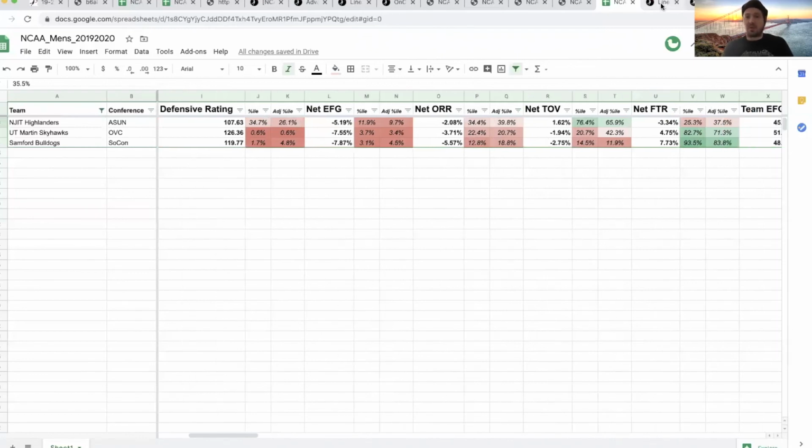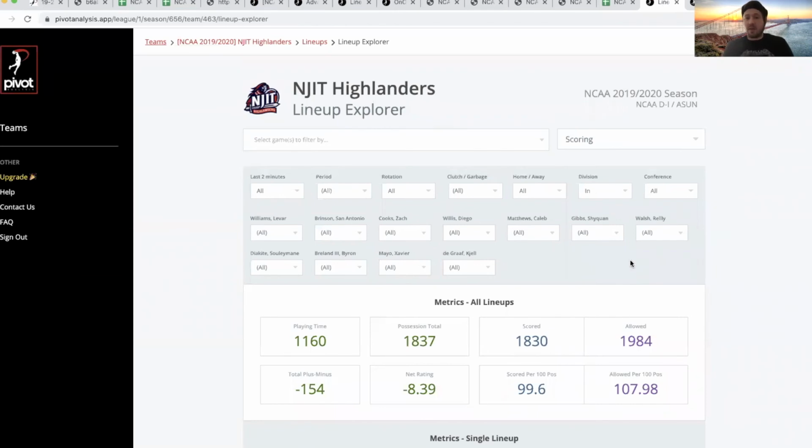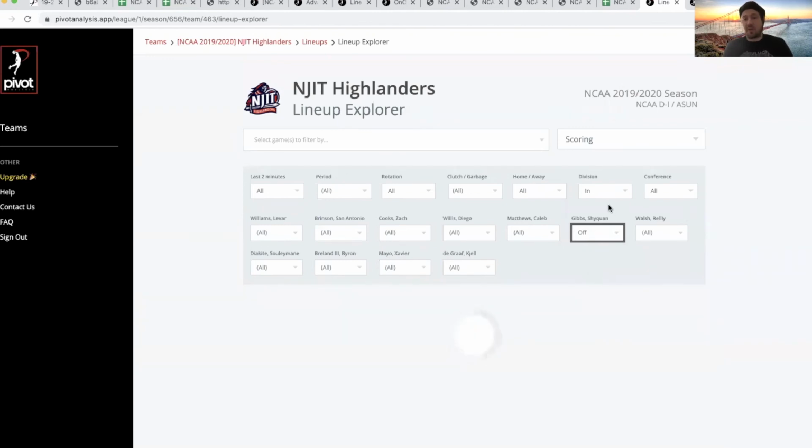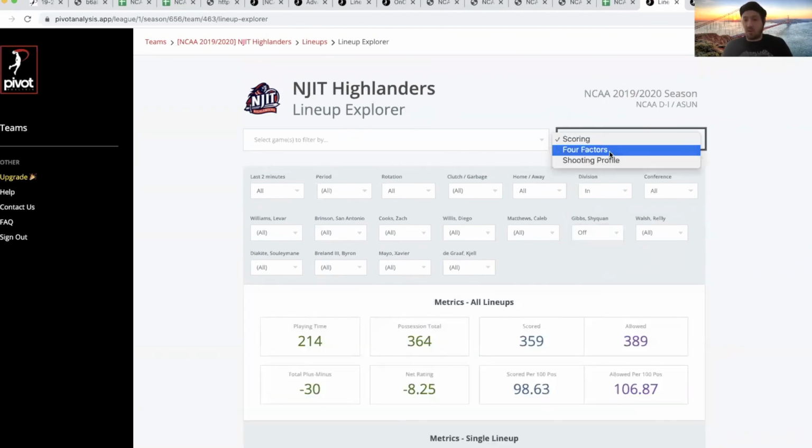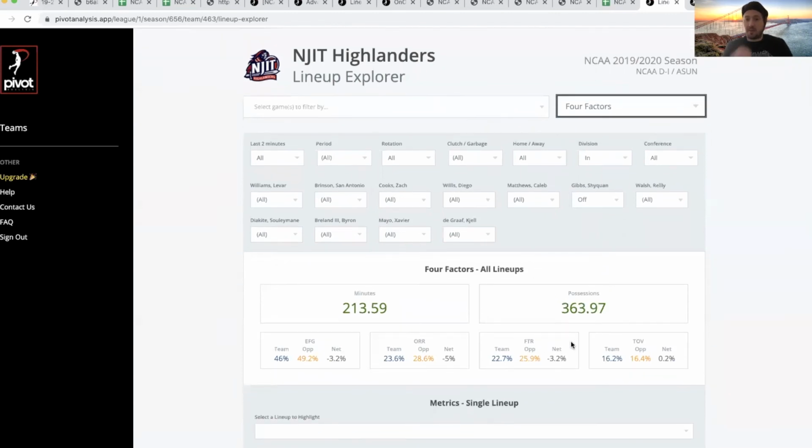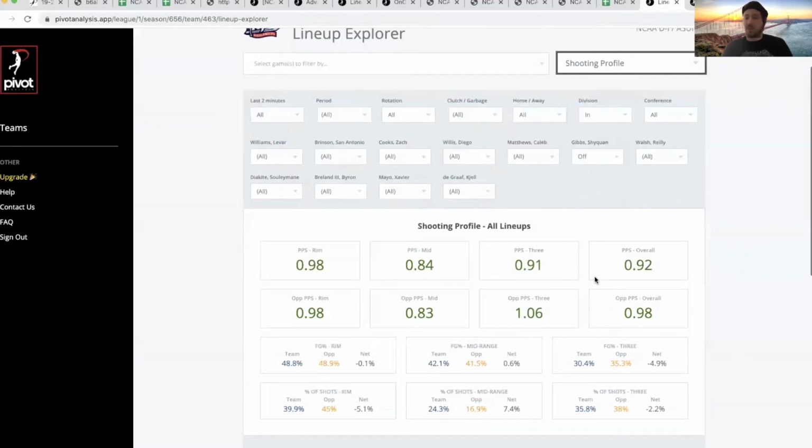And then being able to drill in a little bit on the lineup side and understand what actually happened when the seniors were coming on and off and how that was affecting the four factors and the shooting profile is going to be very instrumental in giving you a picture of how the team might perform going forward, particularly assuming that there's some development on the younger players who are continuing to progress.